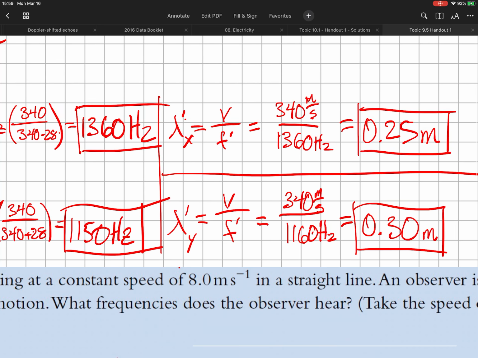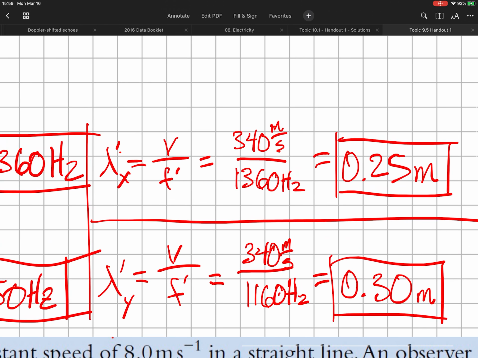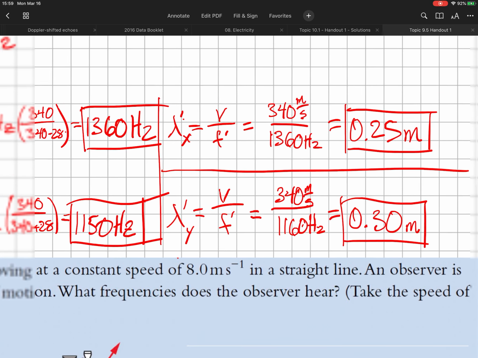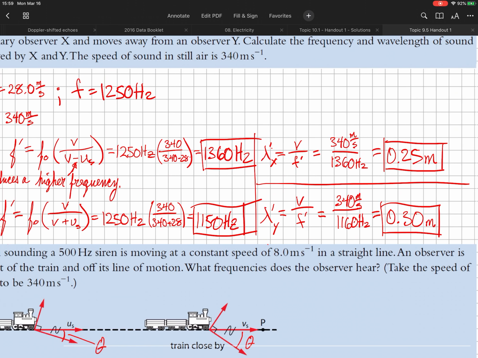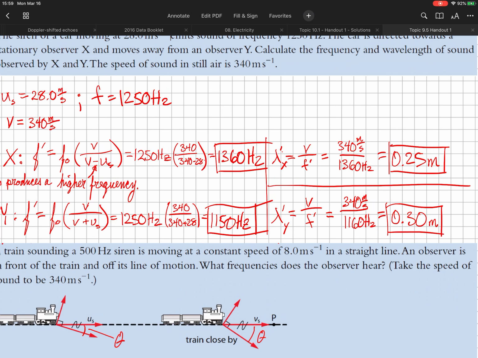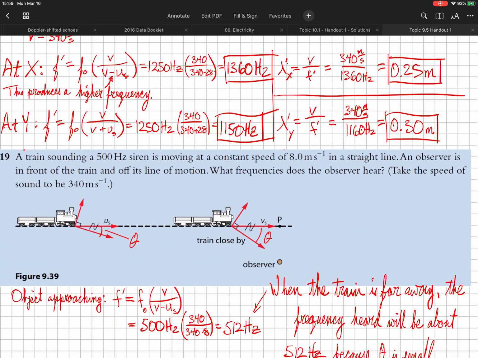Now we need to calculate the wavelength as demanded by the problem. So this is very straightforward. I don't think I need to explain it in detail. Do note that the wavelength at X will appear to be smaller than the wavelength at Y, and that is what we would expect for larger and smaller frequency, respectively.